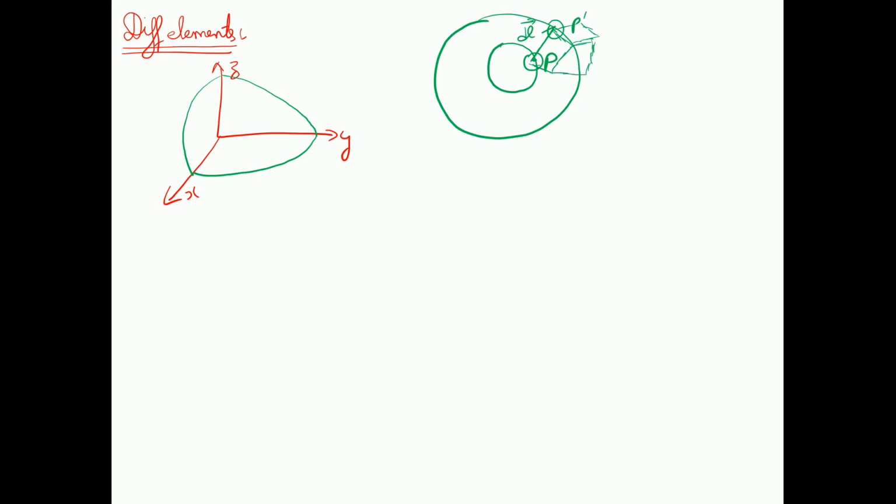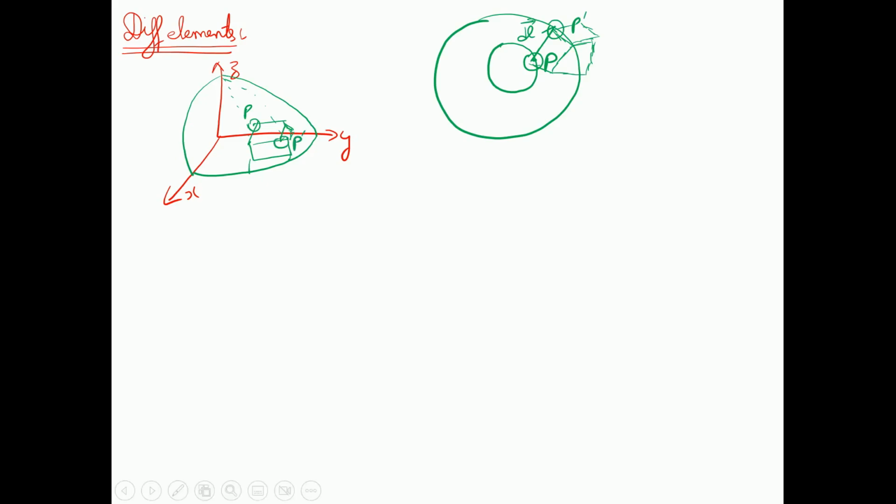If I look at the cube from the top, I can say the cube is somewhere in this location. So this is what we have as a cube, and now my point P is at the back of the cube and I want to go to the front of the cube with the point P dash.